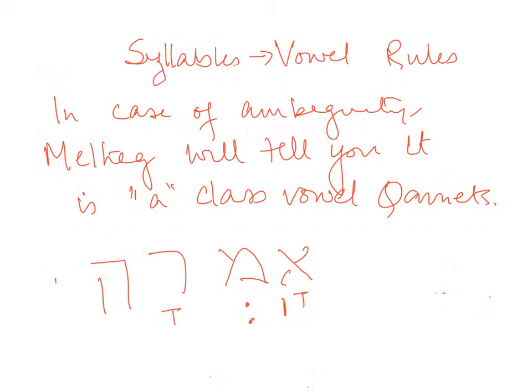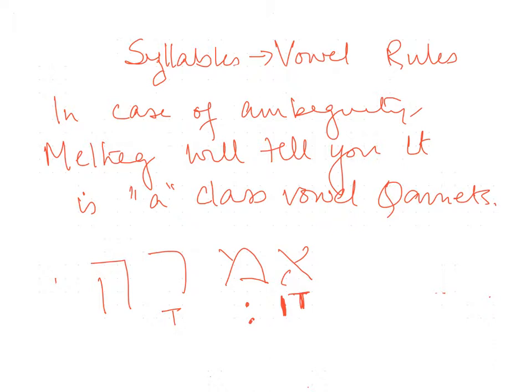The final rule that I want you to remember with regards to kamets katuf and kamets is, in case of an ambiguity, a metheg will tell you it's an A class vowel, kamets. So you see this word, you have an aleph with a sign that could either be a kamets katuf or a kamets. Next to it you have the metheg sign, and then you have a mem, a sheva, the resh, and a kamets ending it.